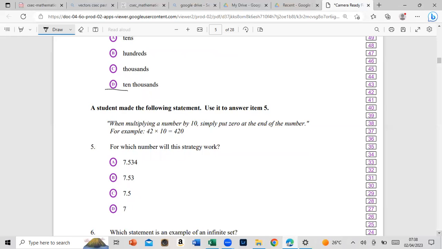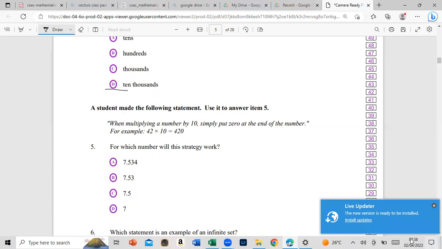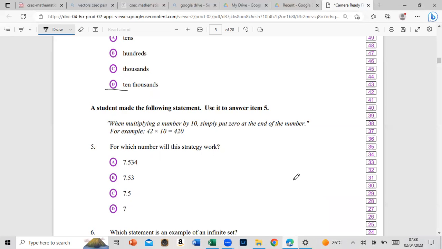A student made the following statement. Use it to answer item 5. This is the statement. When multiplying a number by 10, simply put a 0 at the end of the number. For example, 42 times 10 is equal to 420. For which number will this strategy work?